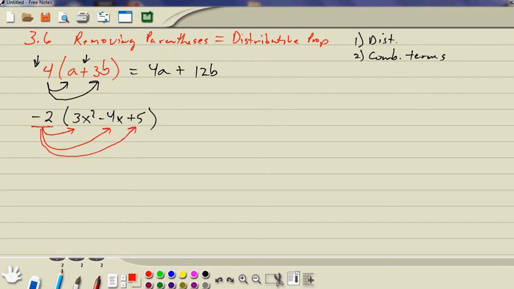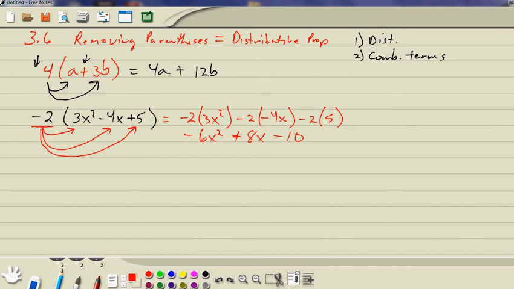Okay, so it's going to be a negative 2 times 3x squared, a negative 2 times a negative 4x, and a negative 2 times a positive 5. And so we're going to get a negative 6x squared. Negative 2 times a negative 4x, a negative times a negative is a positive, becomes a positive 8x, and a negative 2 times 5 is a negative 10. So we've done the distributive property.